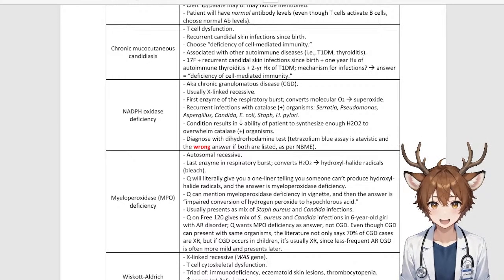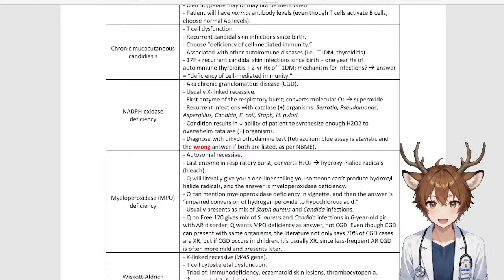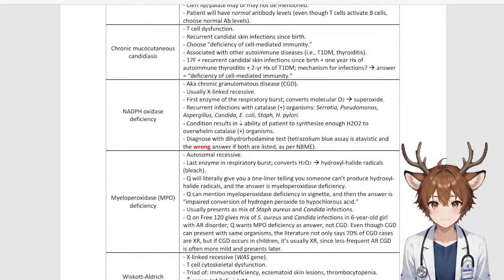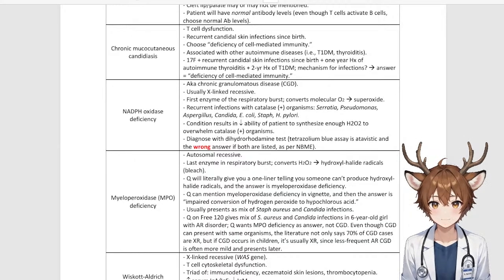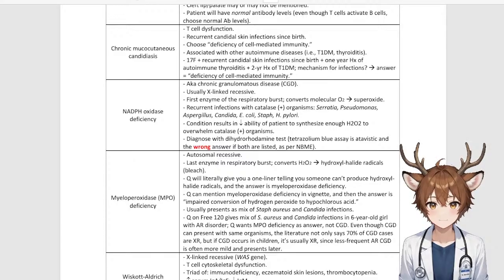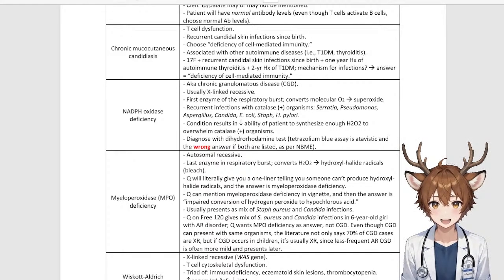Catalase prevents the body from being able to use these bacterial reactive oxygen species. I think specifically one of them, I forget which one, I think it might be superoxide. Yeah, I think it might be that.